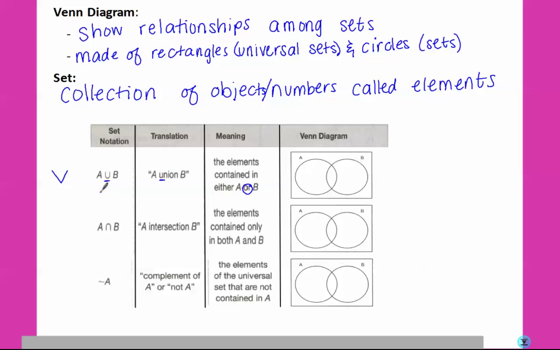In our picture, we want anything that's in A, so this whole circle, as well as anything that's in B, this whole circle.